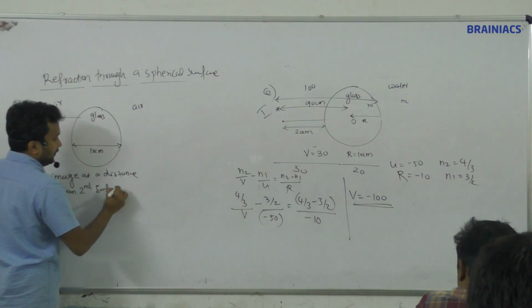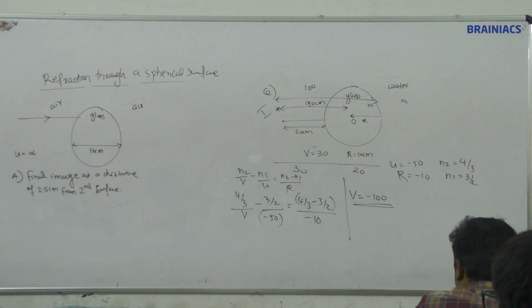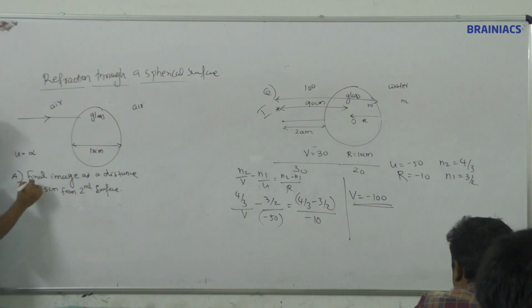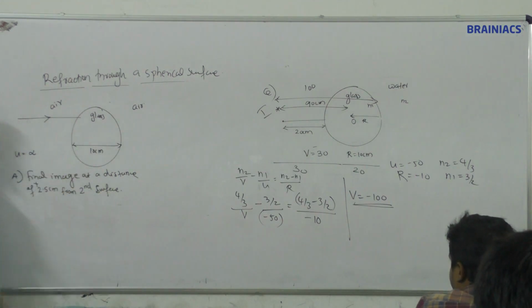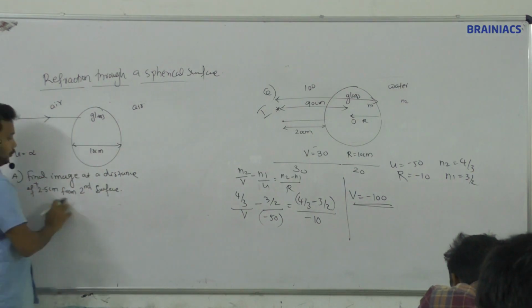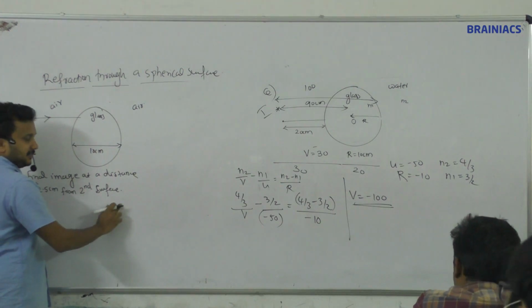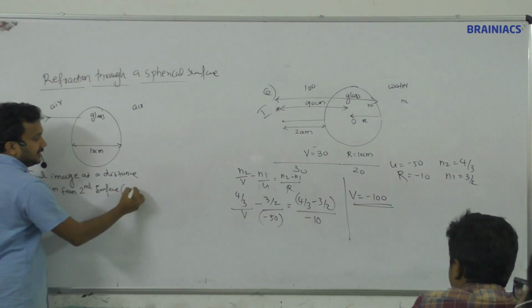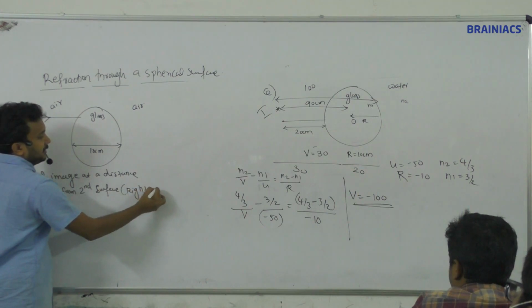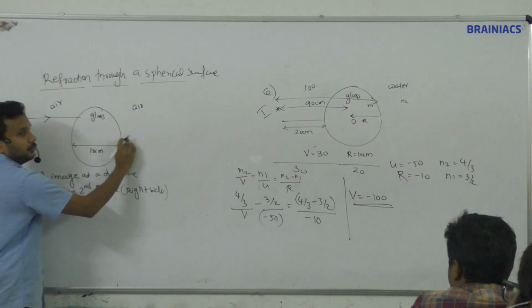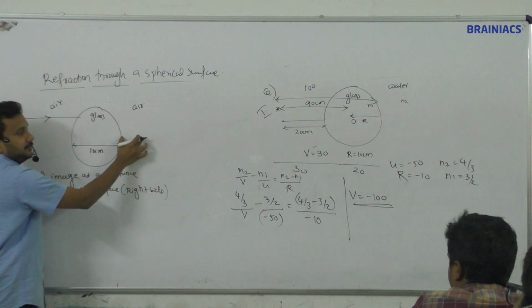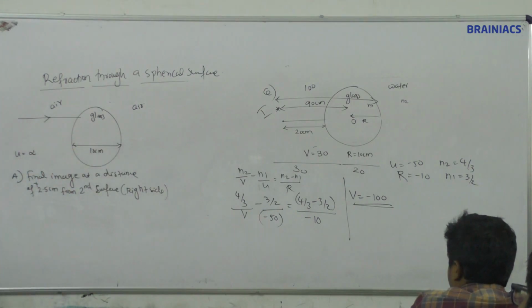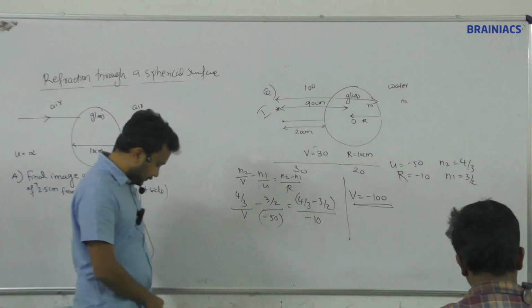Plus 2.5 centimeter from the second surface, which means what side? Right side. The final image is 2.5 centimeter towards the right. Okay, try it today itself after lunch. Okay, then fine, we'll see in the next class.